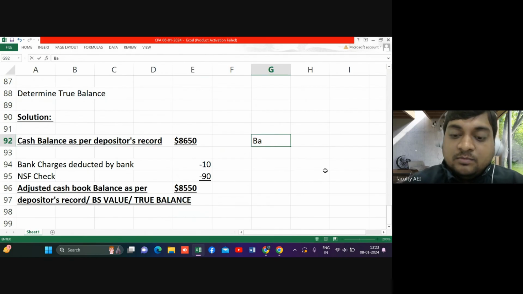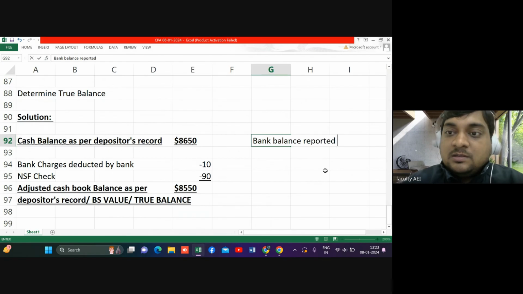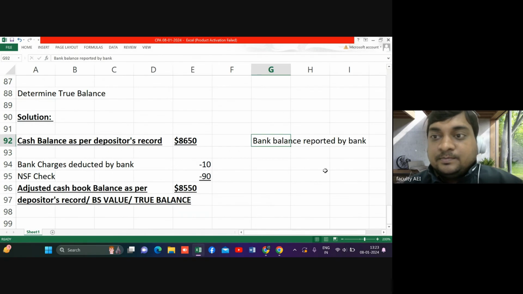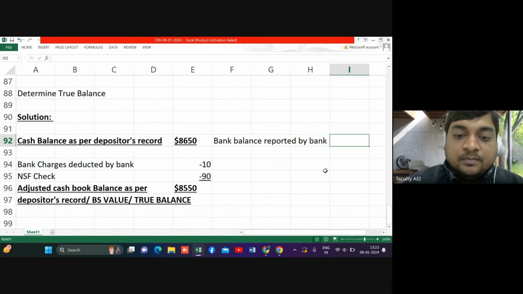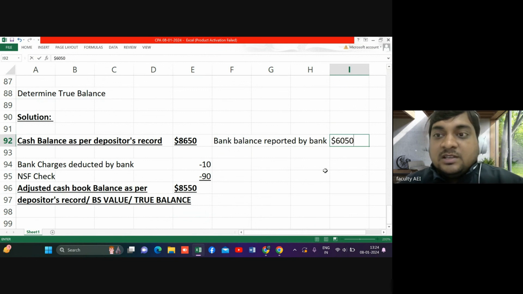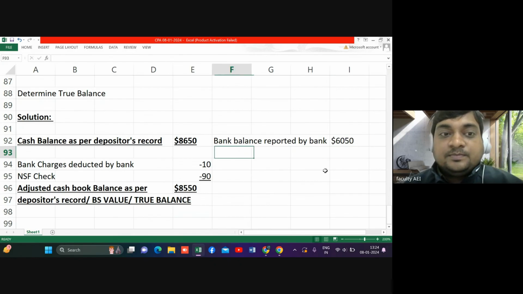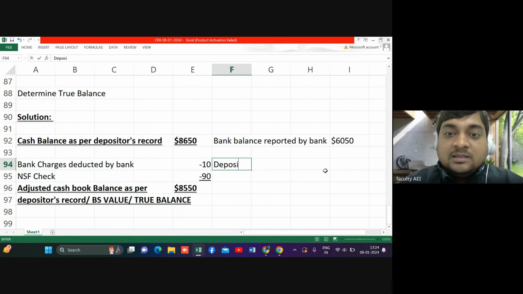Now, bank balance reported by bank. This is $6050. So assume that this deposit in transit is collected.